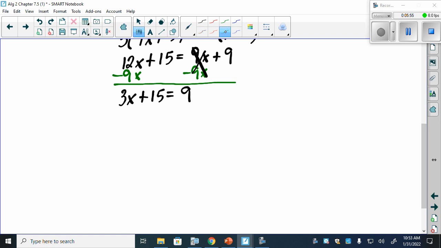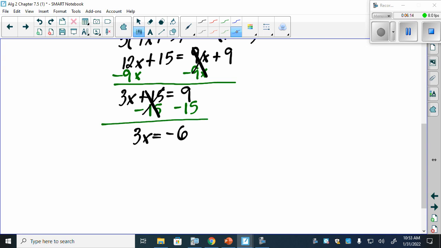Now what can we do? Now we can subtract 15 from both sides. 15 minus 15 would be 0, leaving us with 3x is equal to negative 6. 9 minus 15 is negative 6.